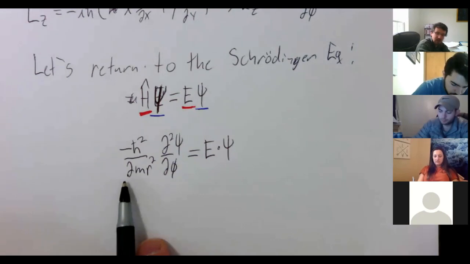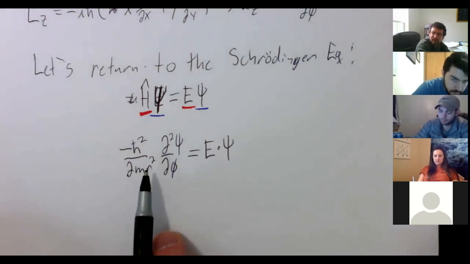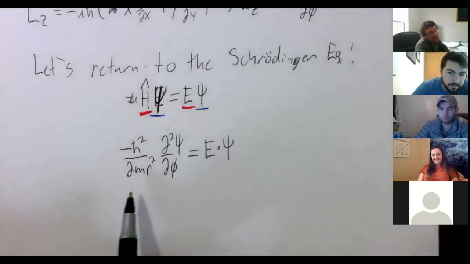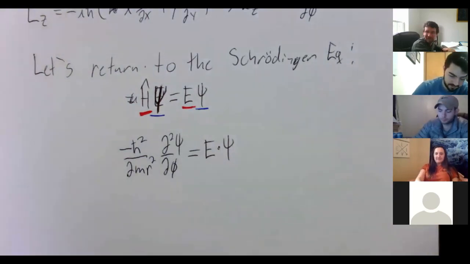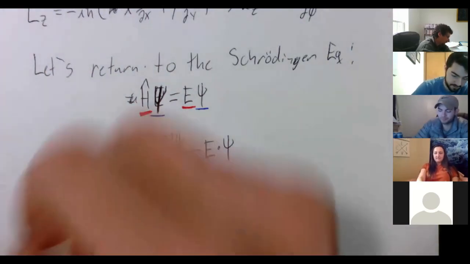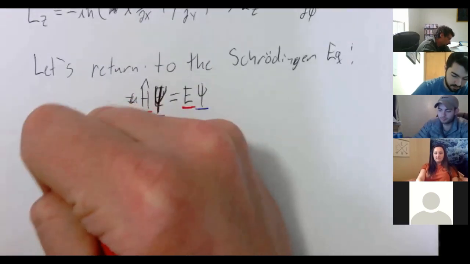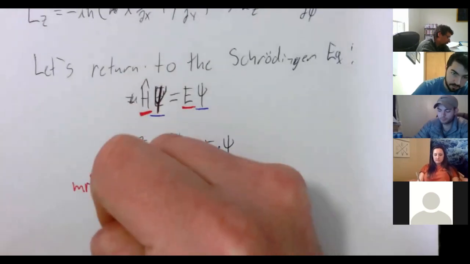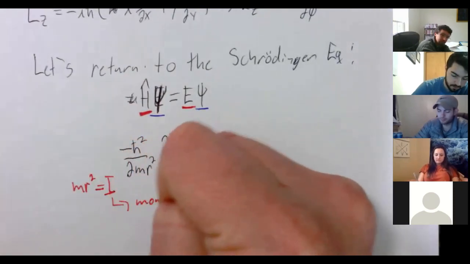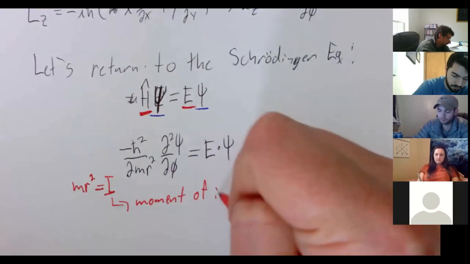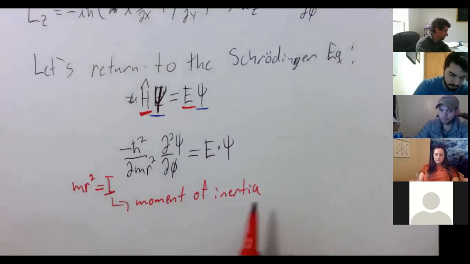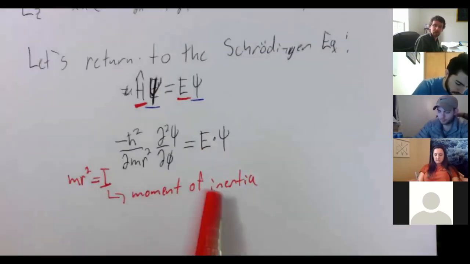Does this look familiar to anybody who's taken physics? It's been a while, probably, for most of you. This right here, m r squared, is actually equal to I, which is the moment of inertia. So we can make this look a little bit simpler.